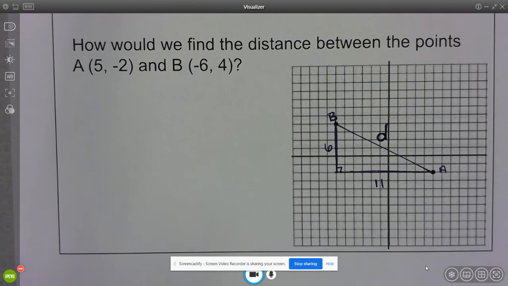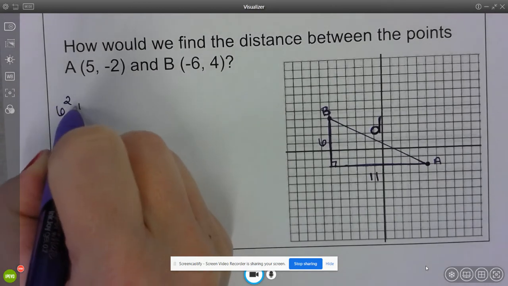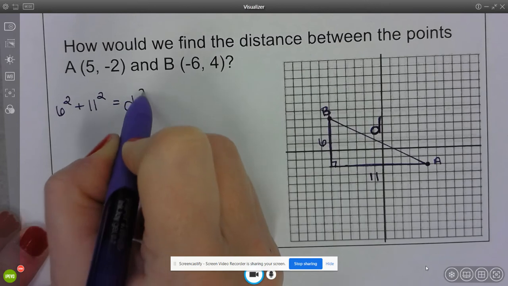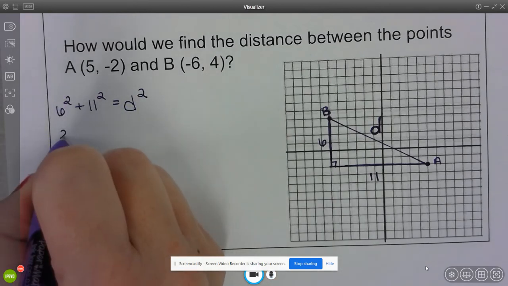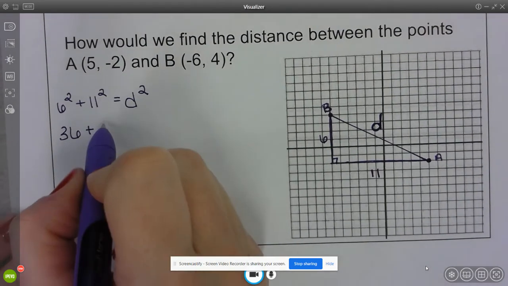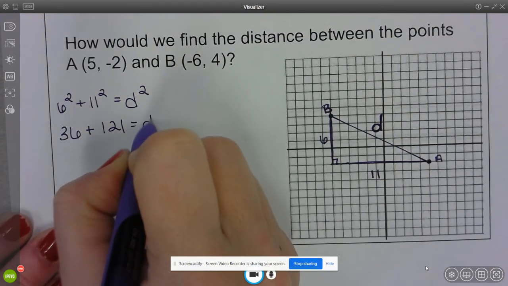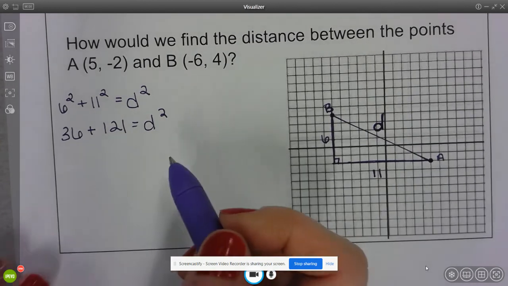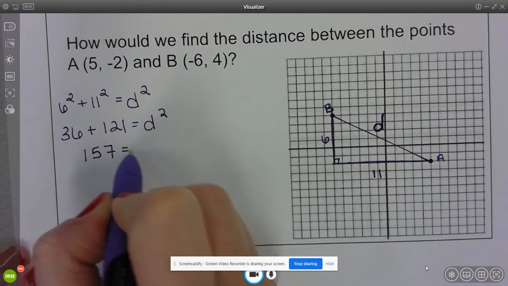So 6 squared plus 11 squared gives me D squared. 6 squared is 36. 11 squared is 121. So 121 plus 36 is 157.